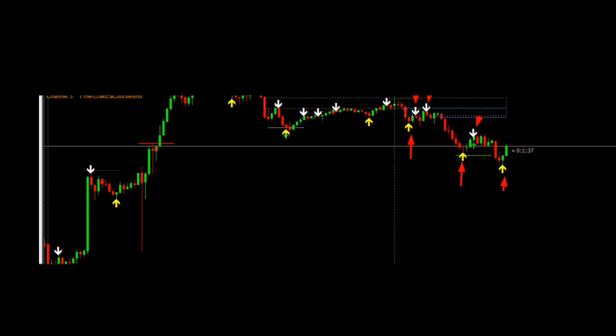If this one doesn't pop an arrow, you check another pair that pops up an arrow, then you take it. Mind you, if the arrow pops up 2, 3, or 5 minutes late, avoid such a trade. There is a high possibility that it's not going to even end in profit. So you only pick the ones that give you what you need, so that you can maximize profit accurately.